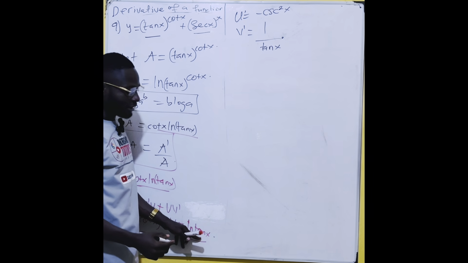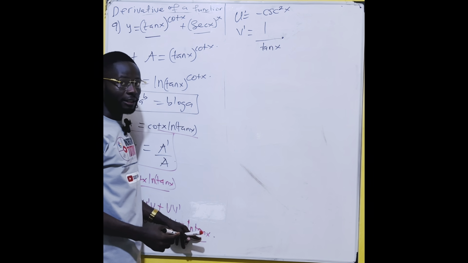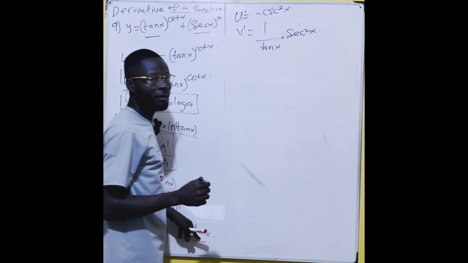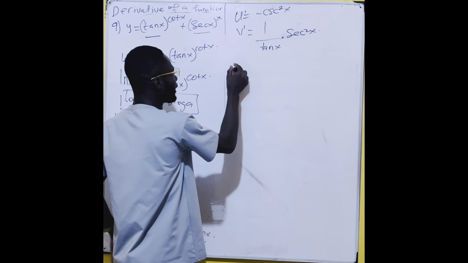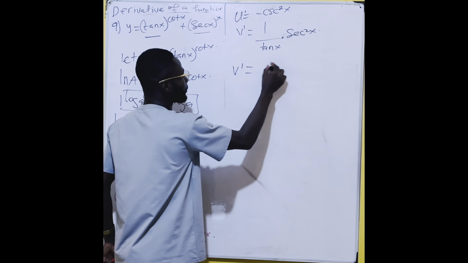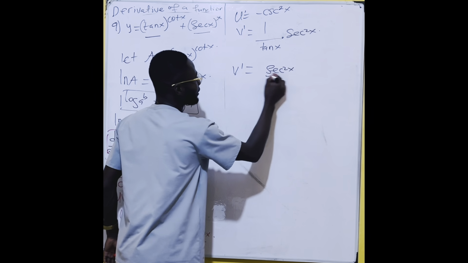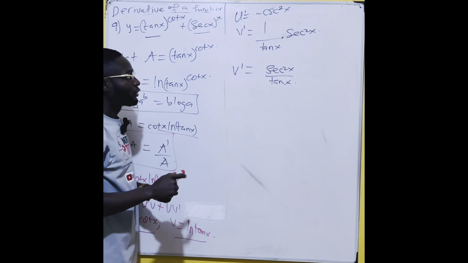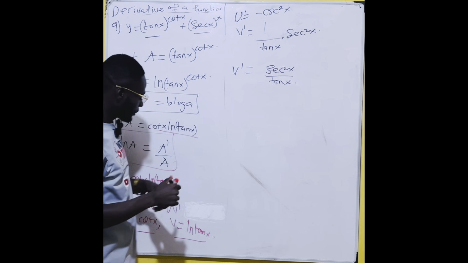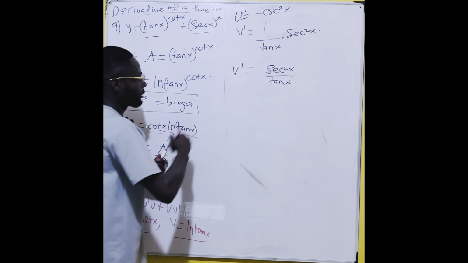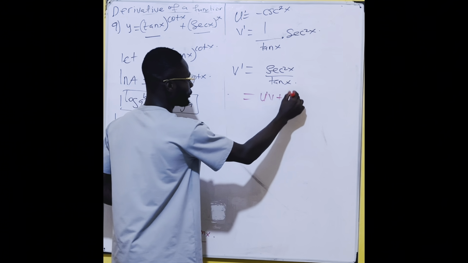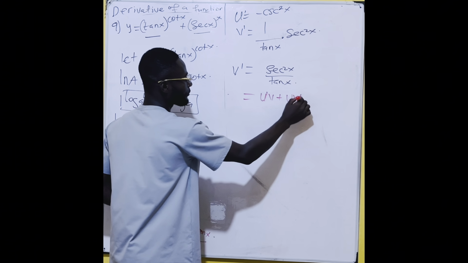And derivative of tan x is sec squared x. So we say that our v prime is equal to sec squared x divided by tan x. Okay, so we are going to use the rule that we stated.